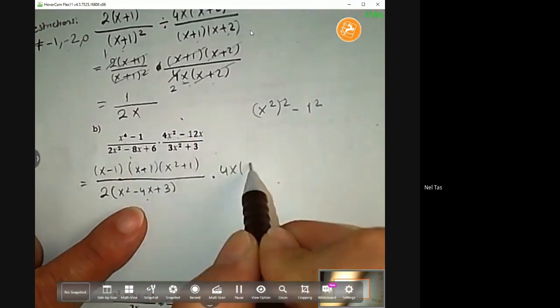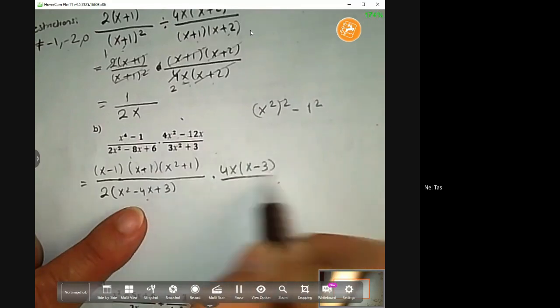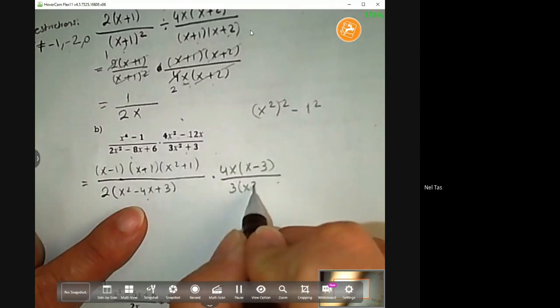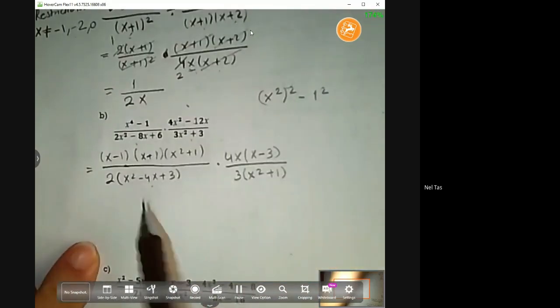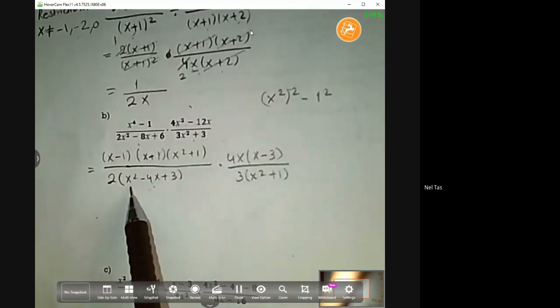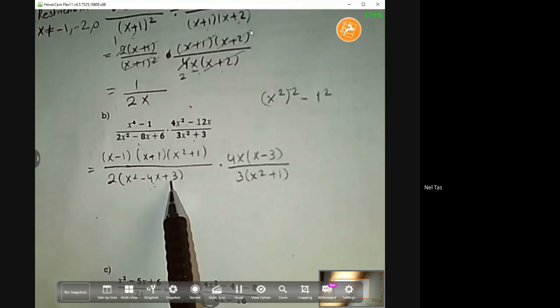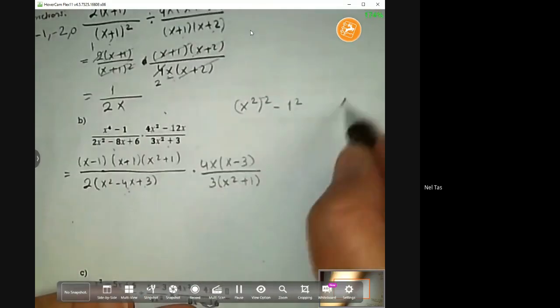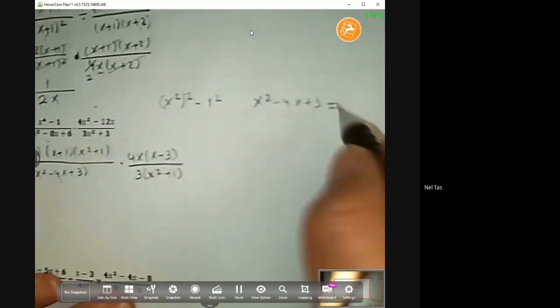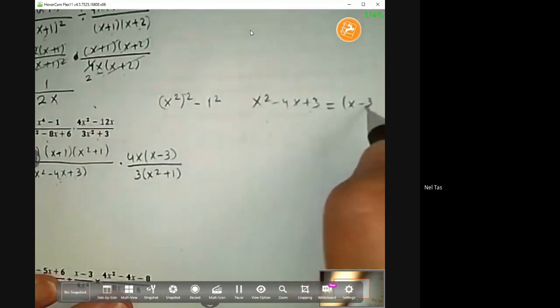It gives you x minus 3. 3 is a common factor, x squared plus 1. Okay. Now factor this one, x squared minus 4x plus 3. So if you factor that, you get x minus 3.